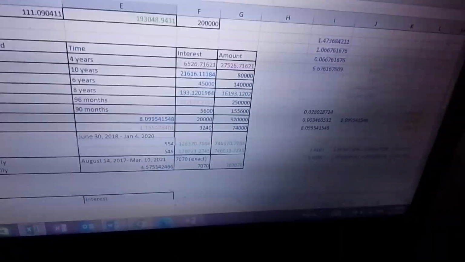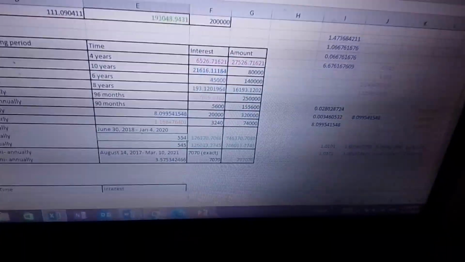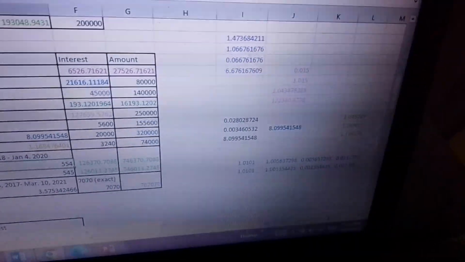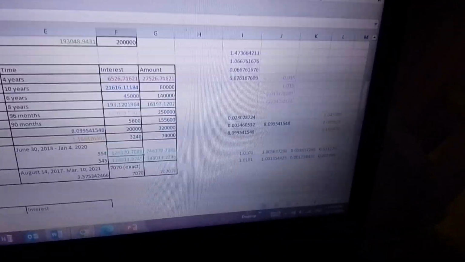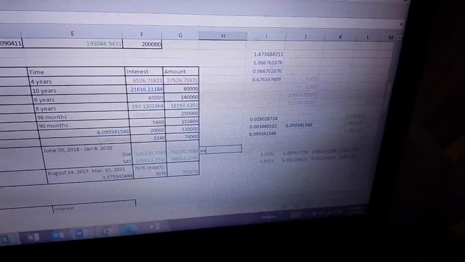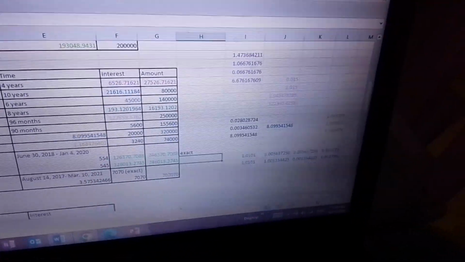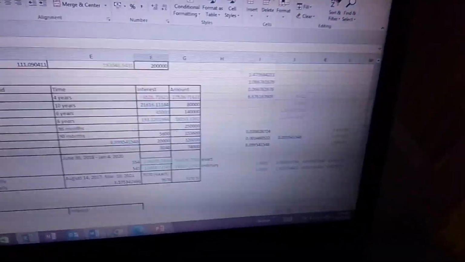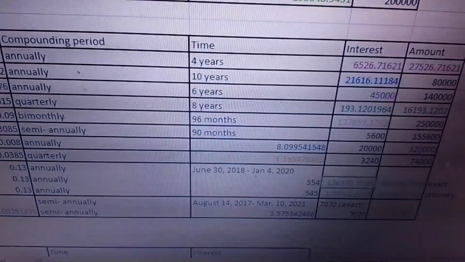Next, for number 9, this one, I've computed for the number of days. Dapat we're supposed to get 554 days in the exact interest. This is exact. Diba? Exacto. And then this one is ordinary. Diba? So yun, to get the exact interest, diba remember first, I computed for the number of days.